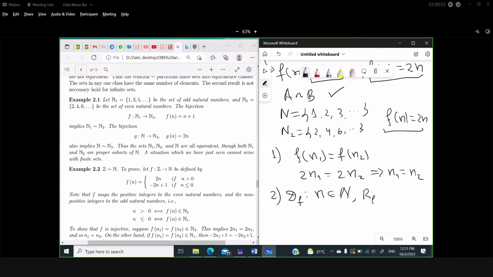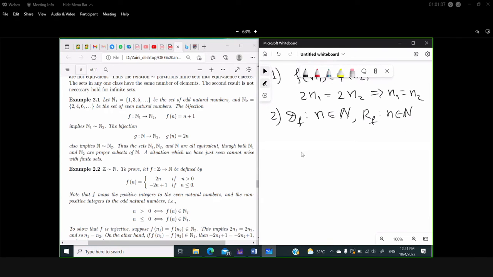The range also, for any n in the natural number set. You see, there is no restriction for the range as well. So it is surjective. So injective and surjective. So it means the domain of f is equal to the range.